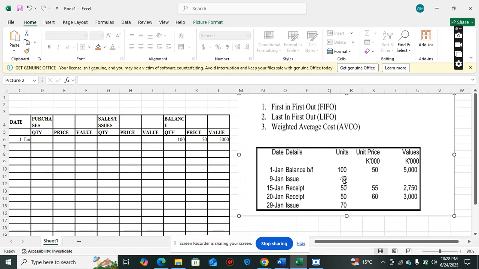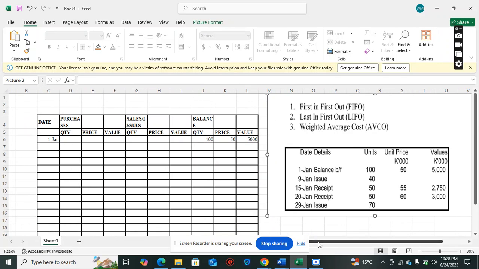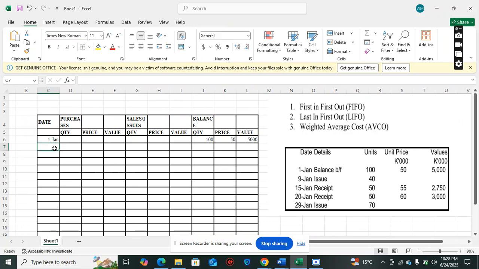And remember, inventory is an asset, and assets are valued at cost. So we'll value them at the cost of this opening inventory, which is 50 kwacha.